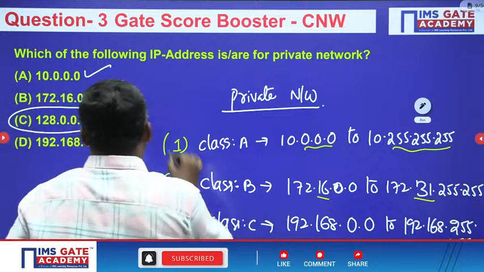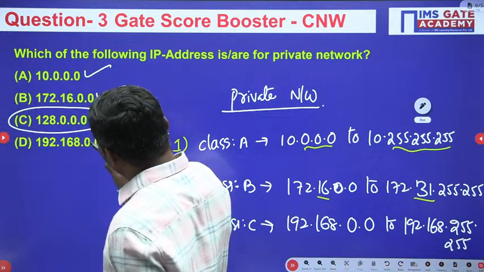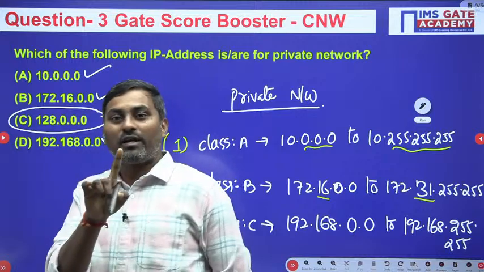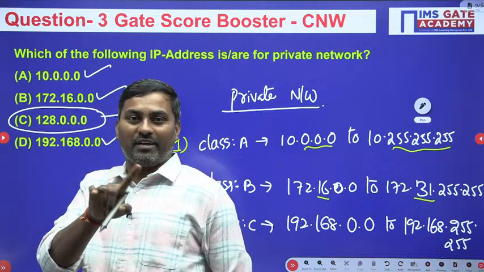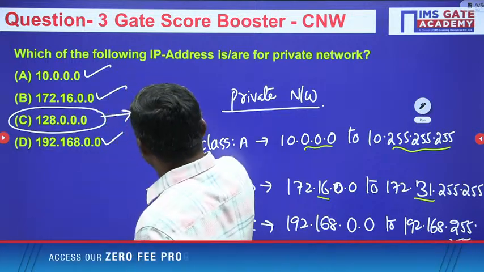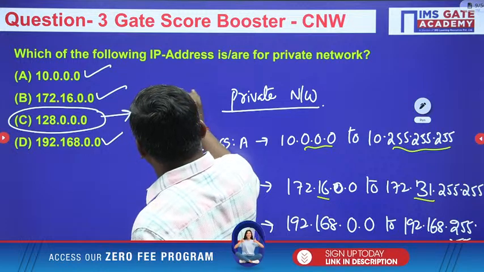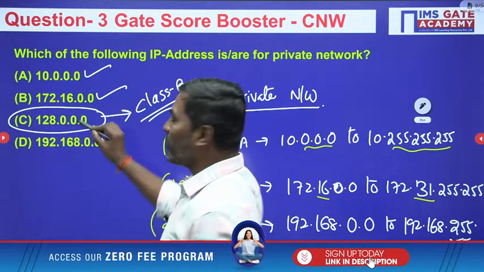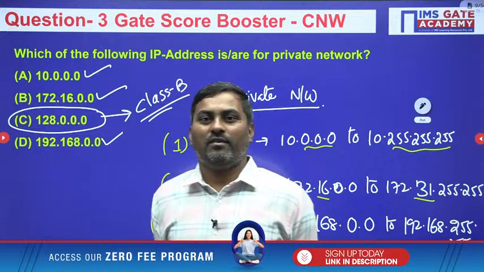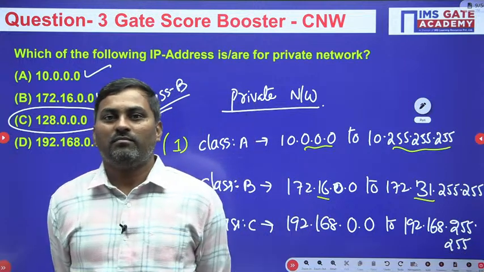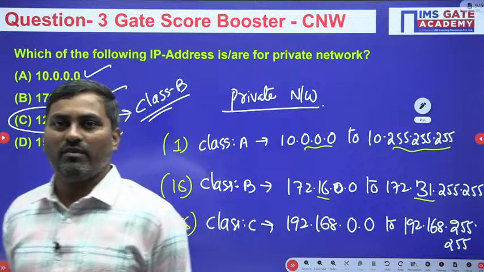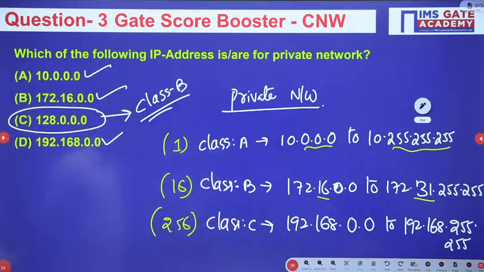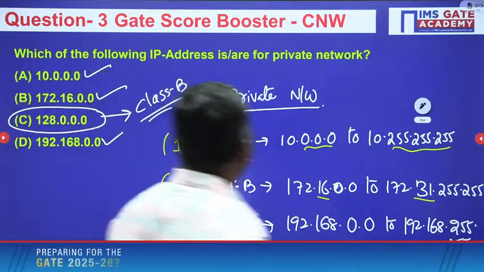Yes. So can I say this one is the first network address of a class B, correct? Yes or no? From class B network, correct? Class B starts from 128 onwards only? Yes, very good. This information can be captured.